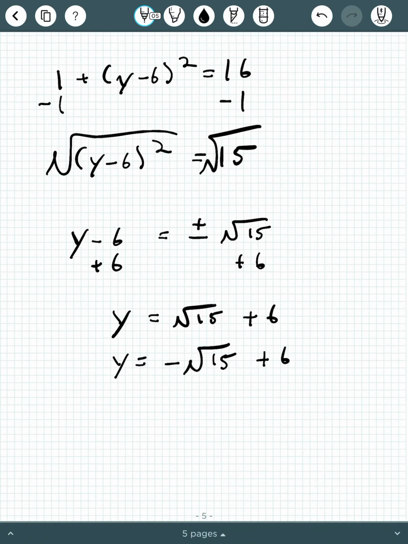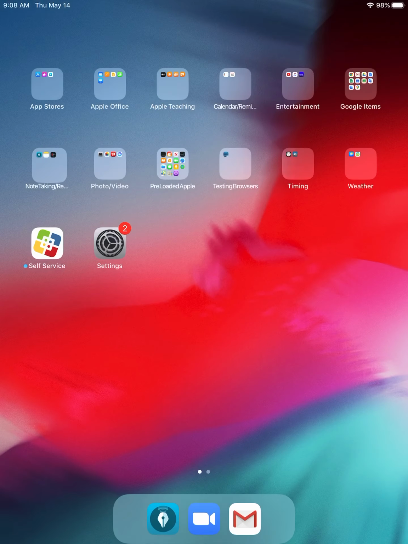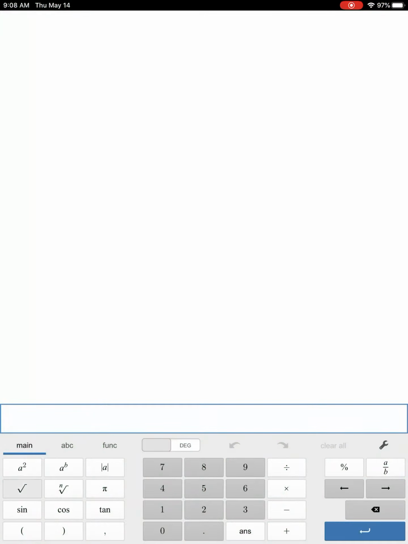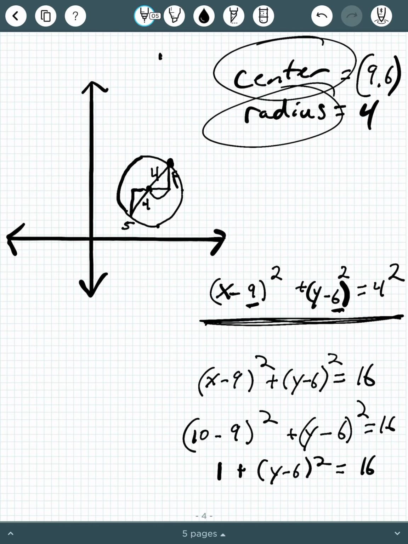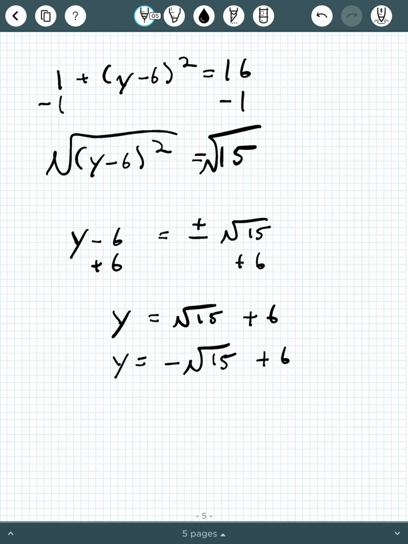So this one, it might actually be best to approximate by using a calculator to get the square root of 15. So if we do that, we'll take the square root of 15. We'll see that it's approximately 3.87. And then we can write that into our equation. So that's 3.87 plus 6 and negative 3.87 plus 6. And then from there you could simplify and get your coordinates.